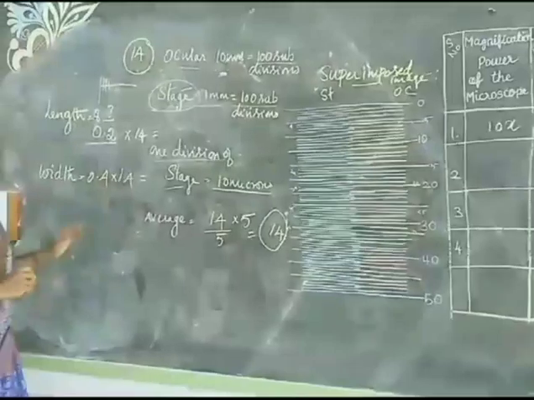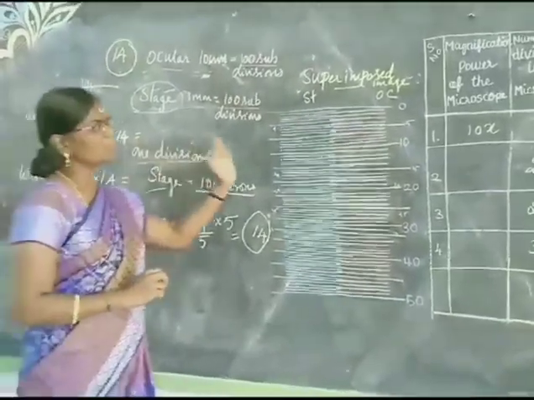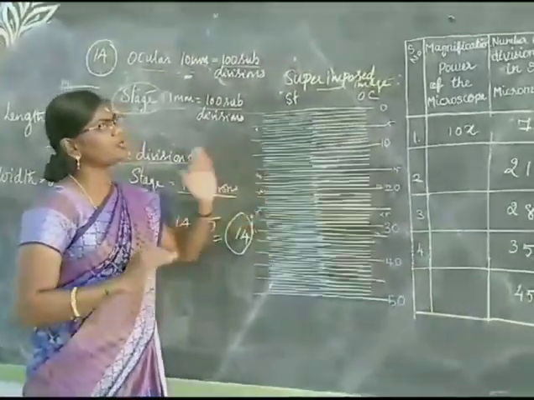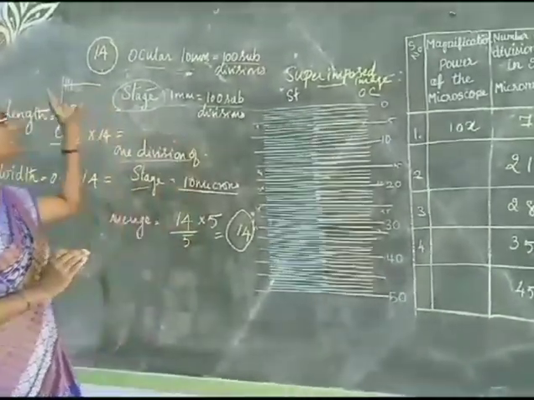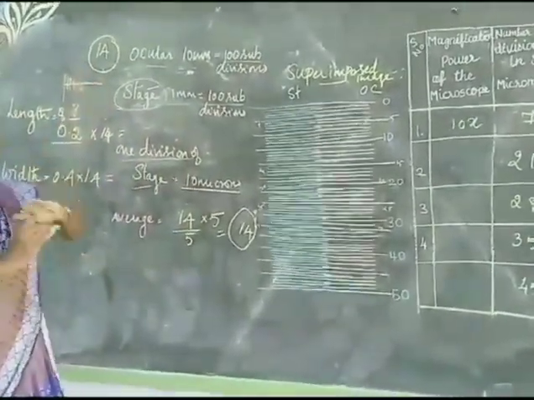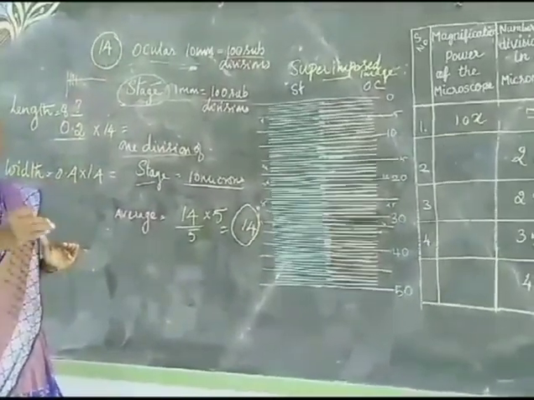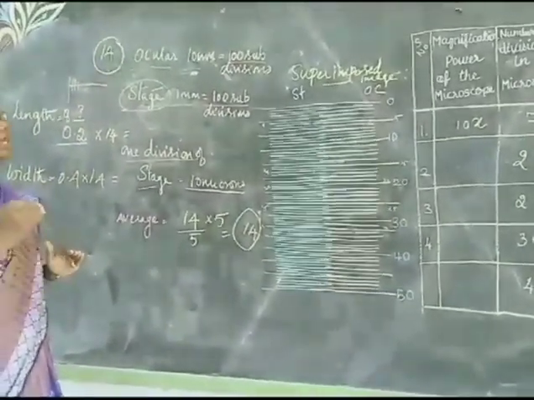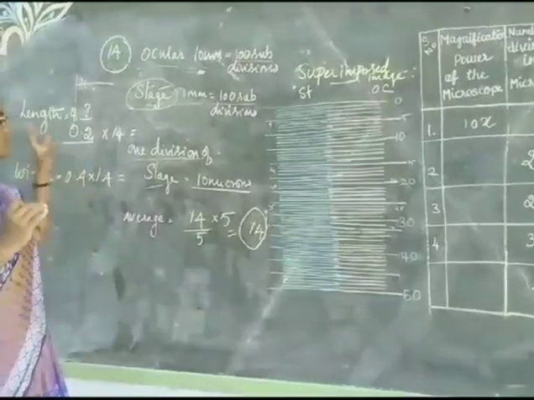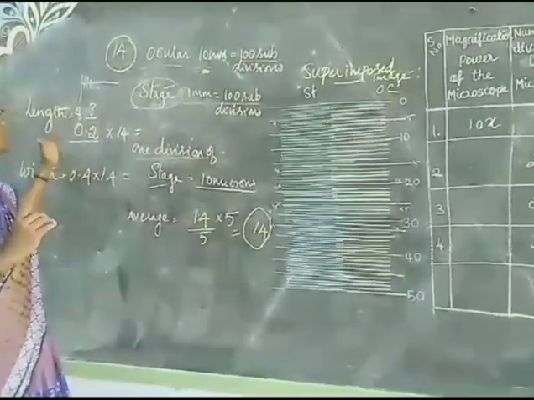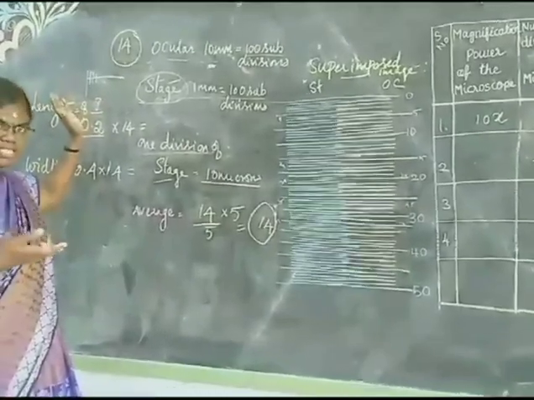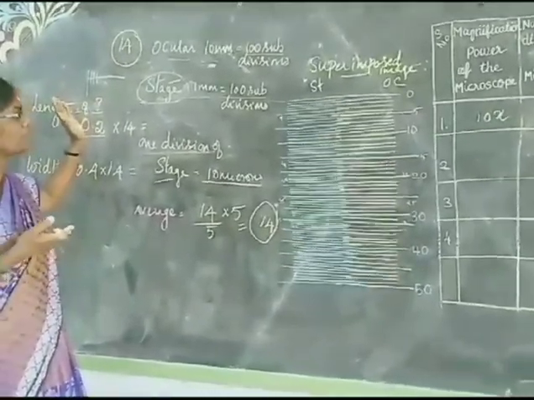So for micrometry, first you need to superimpose the stage and ocular micrometer and calibrate the value. Then remove the stage micrometer, keep the ocular micrometer alone. Suppose you need to measure the length and width of an organism, take the organism and keep it on the stage of your microscope.